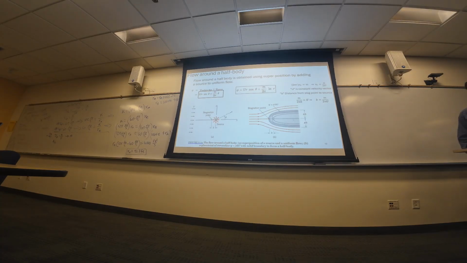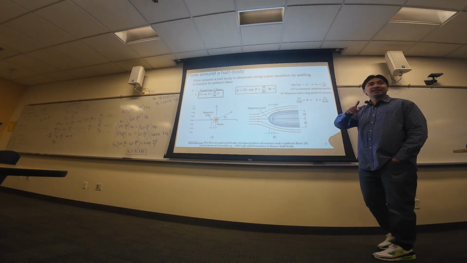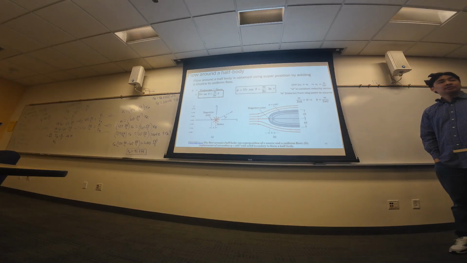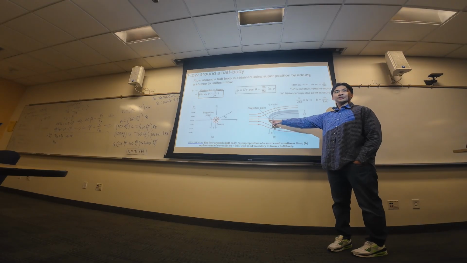Any questions on that? I think that covers conceptually what it is and what our equation is. In short, have these equations down, know what they mean. Yes? I'm not quite sure what b is measuring as linear distance there. Yes, b is the distance from your stagnation point to your source.